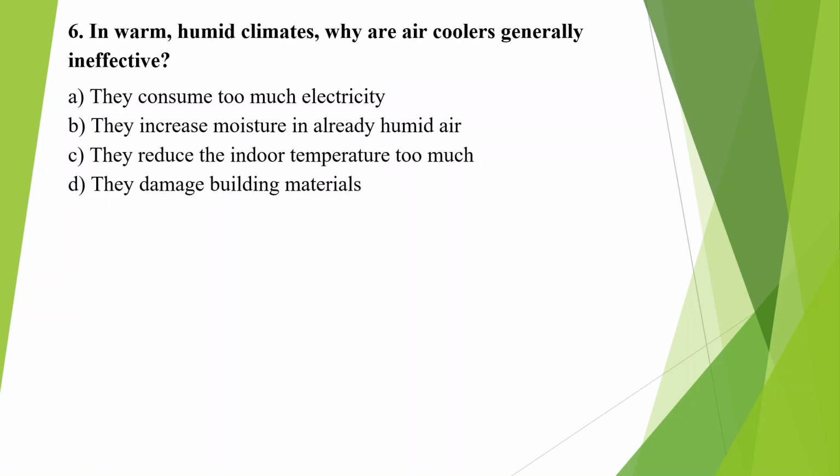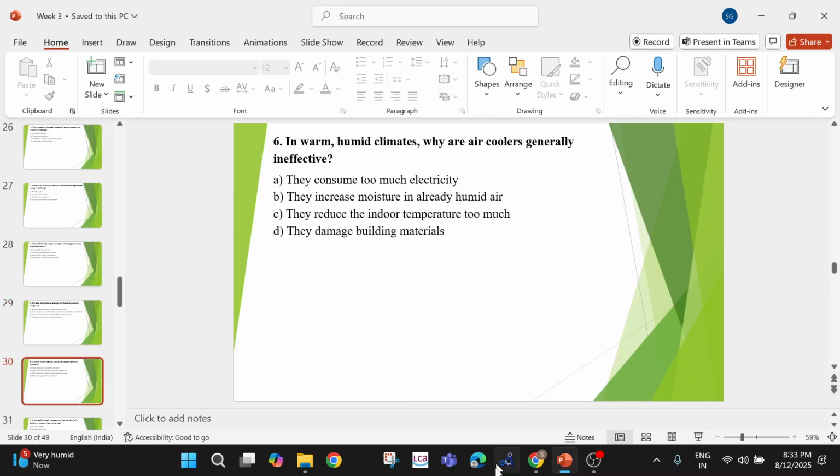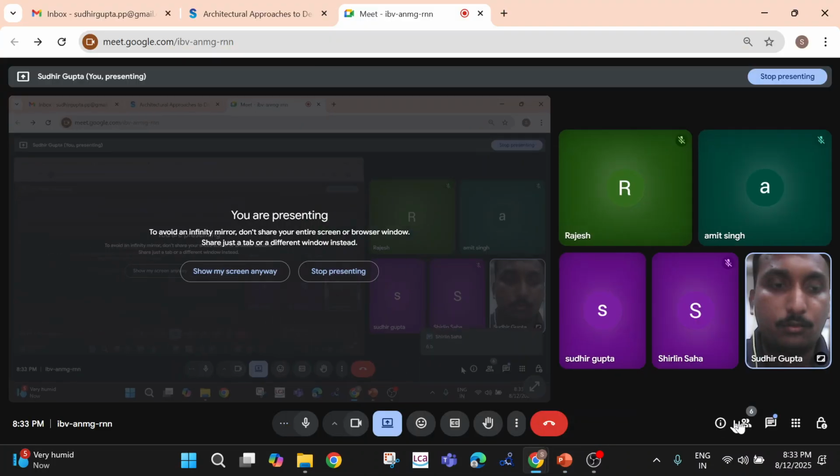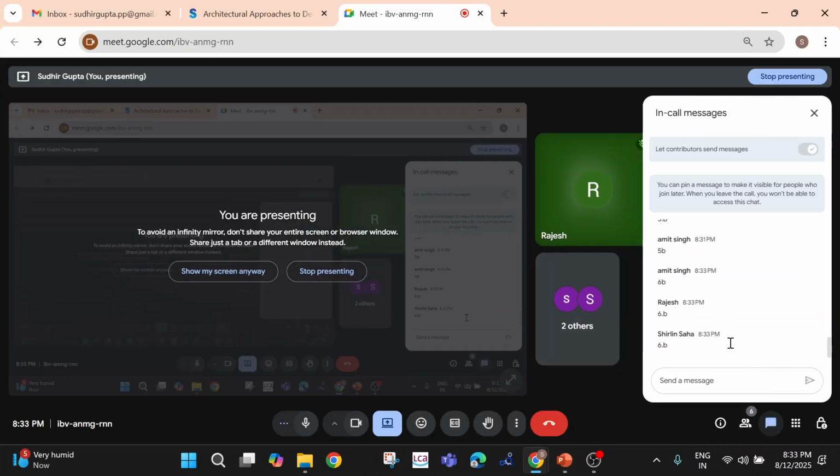They generally become ineffective. Why? I hope all of you have understood the question and answered also. So let's see how many of you have answered.